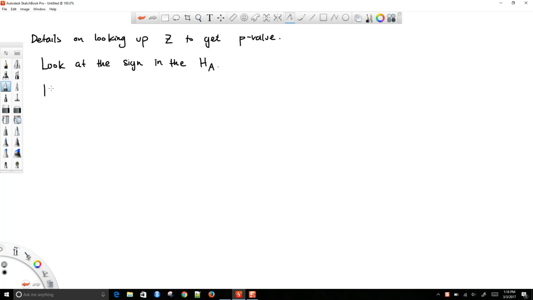If there is a less than sign, the p-value is equal to the area to the left of z. Which basically means look up z in the table and use the area that the table gives you.